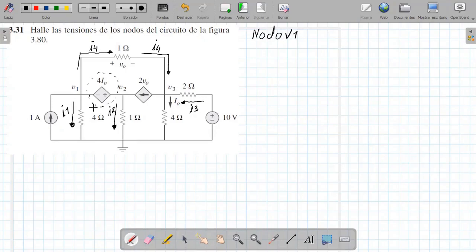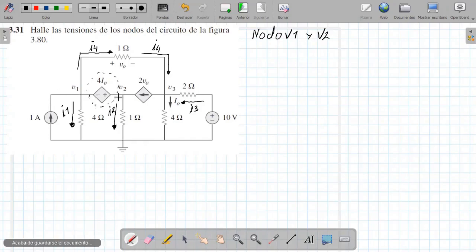Node V1. Well, let's remember that this is a supernode. This would be node V1 and node V2. Let's look at what comes in and goes out from this point. This point is connected to this point.